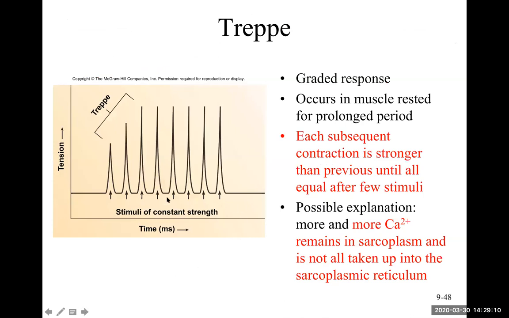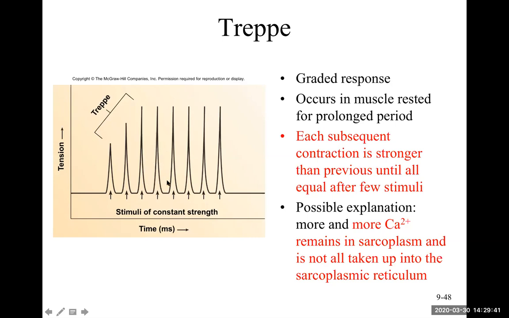When I have only one action potential, I have a very weak contraction. But when I have lots of action potentials in a short time frame, each action potential after the initial couple will trigger a stronger stimulus. See that? The first one, tension's pretty weak. The second action potential increases the tension or strength of that contraction. The third one, then I hit maximal contraction.